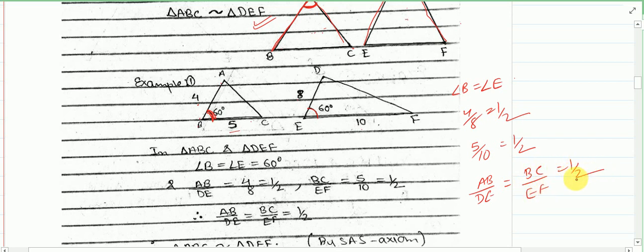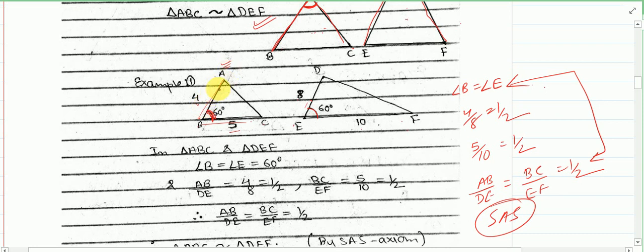to half. So you can see the side angle side condition is satisfied, because AB and DE, you take the ratio, half; BC and EF, take BC upon EF, so you are getting half. And one more thing you should remember: here I have considered sides from this triangle in the numerator.